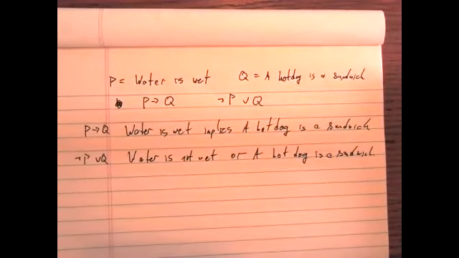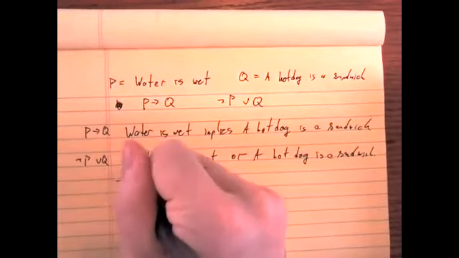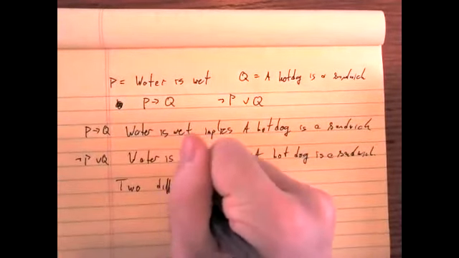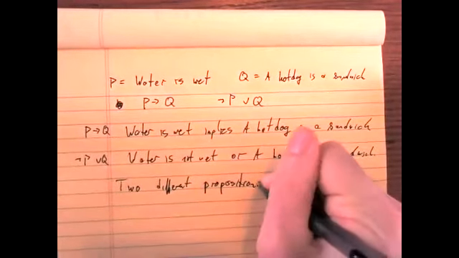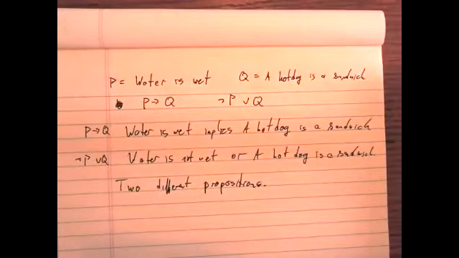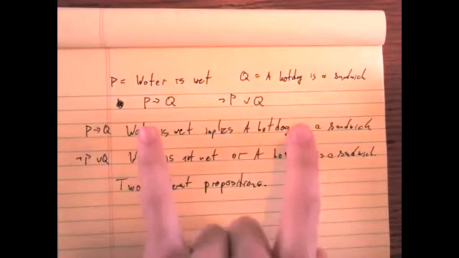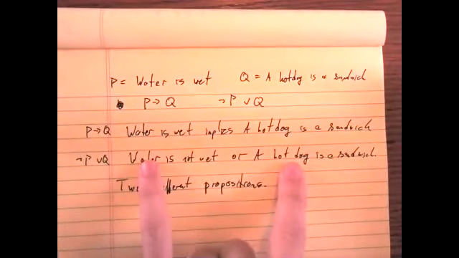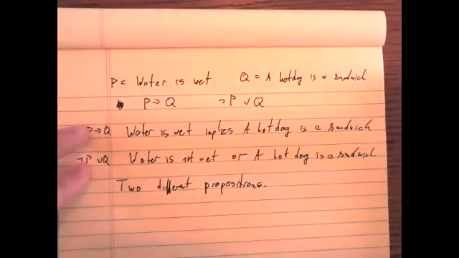The point is, and I'm glad that this has sparked such excellent discussion, the point is these are two different propositions but they have the exact same truth values. That is, if you decide P is true and Q is false, then these two propositions will have the same truth value: both false.